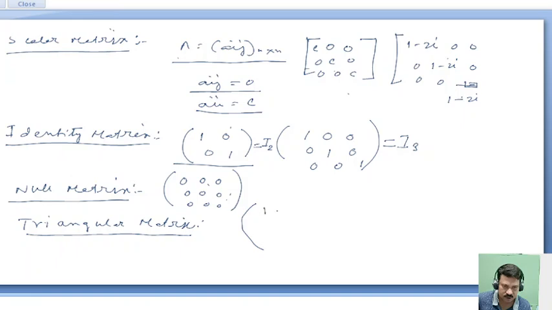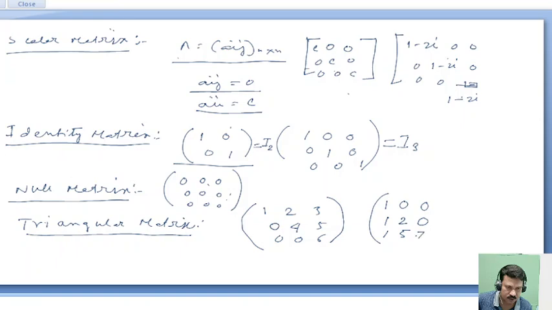We take an example: 1 2 3, 0 4 5, 0 0 6. This is one of these, and we may write here 1 0 0, 1 2 0, and say 1 5 7.